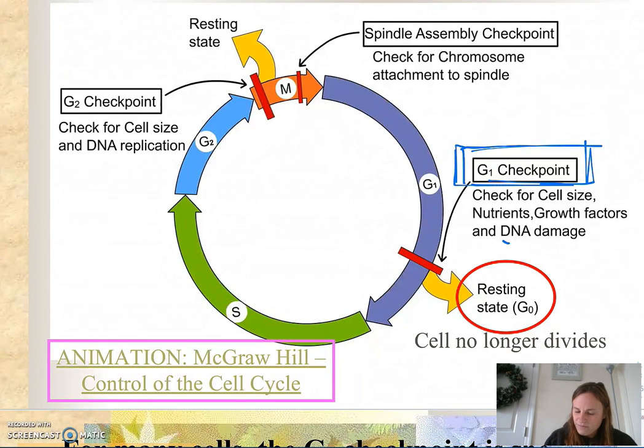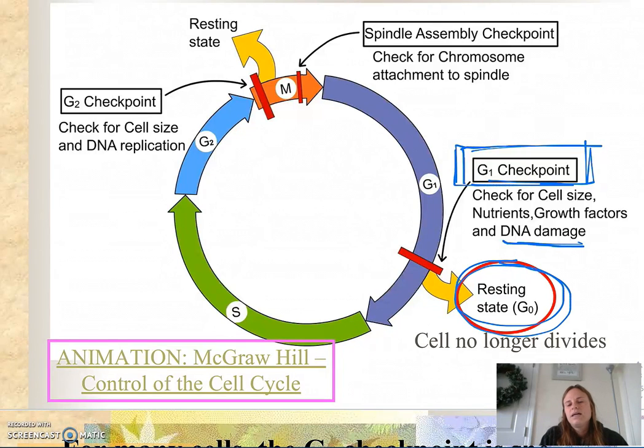In other words, if I have DNA damage, I don't want that cell to continue dividing. So a tumor suppressor protein known as P53 can initiate a delay in the cell cycle in order for that DNA to be repaired.